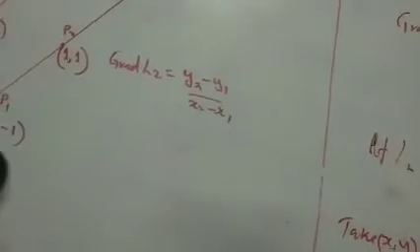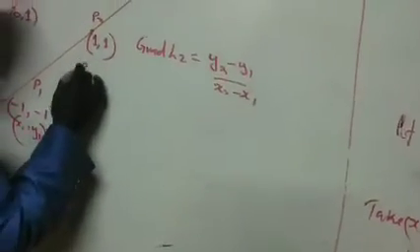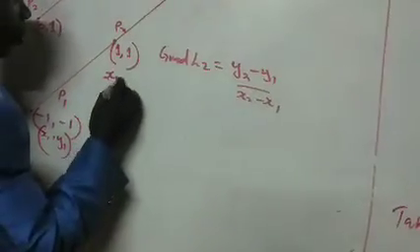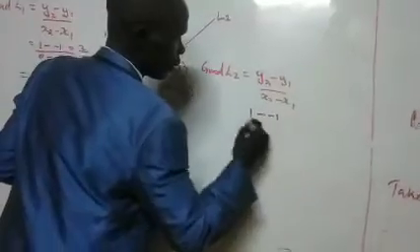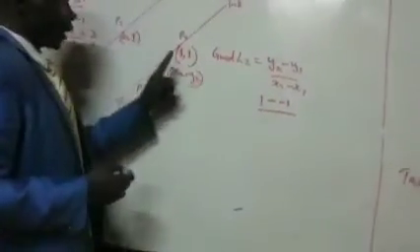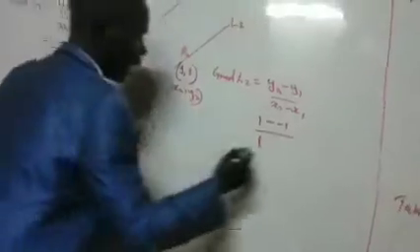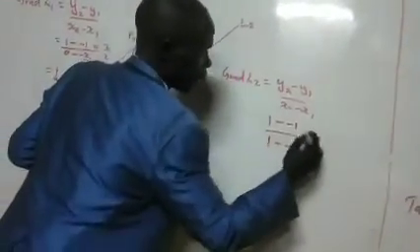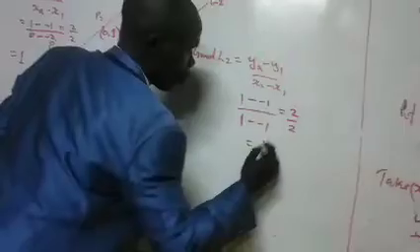So our y2 here is 1 minus our y1 here, which is -1, over our x2 here, which is 1, minus -1, and that is 2 over 2, and that is 1.